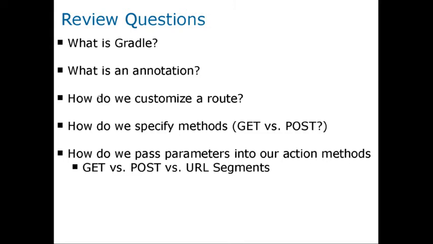So, we kind of already answered this. How do we customize the route? We use this special annotation called a request mapping to customize the route. There was another very important annotation that we saw at the very beginning of a file, usually, telling it that it was a controller. Saw an annotation for that as well.